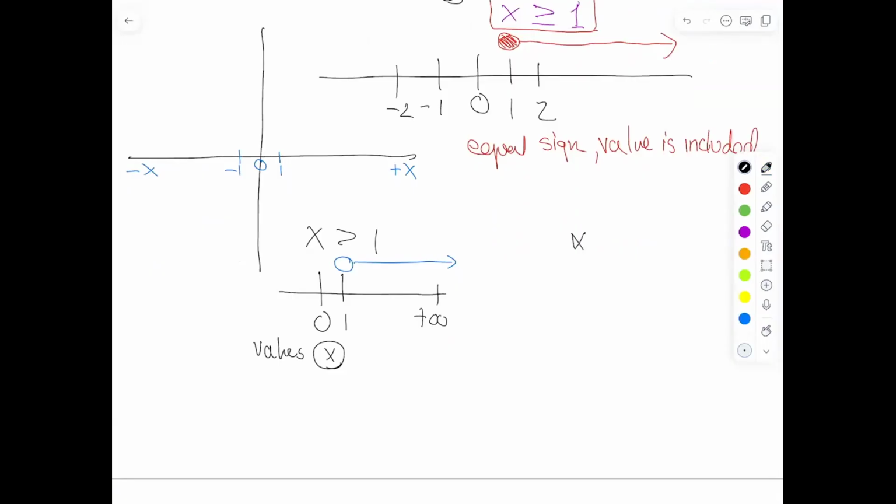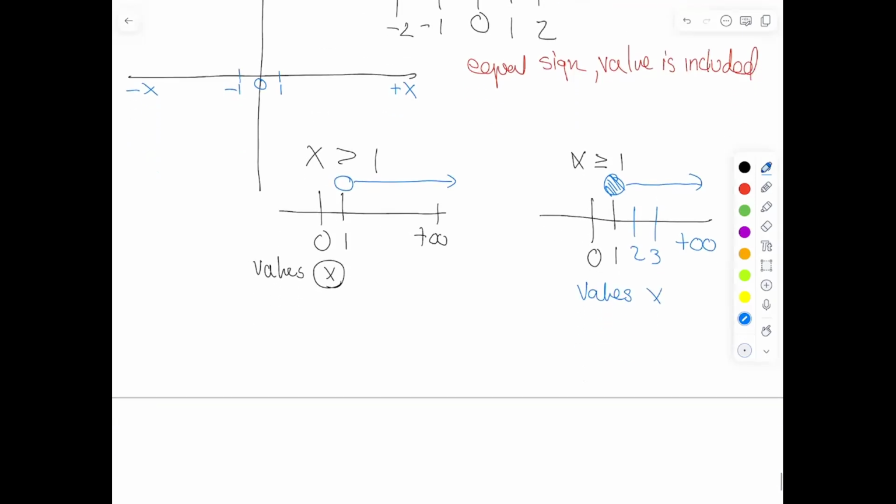If I have an x that is greater than or equal to 1, and I still have the same number line, and it's at 0, and this is 1, then this is solid, and this is going to the right, all the way to positive infinity, right? For what values? Values of x. Now, there is something called interval notation.